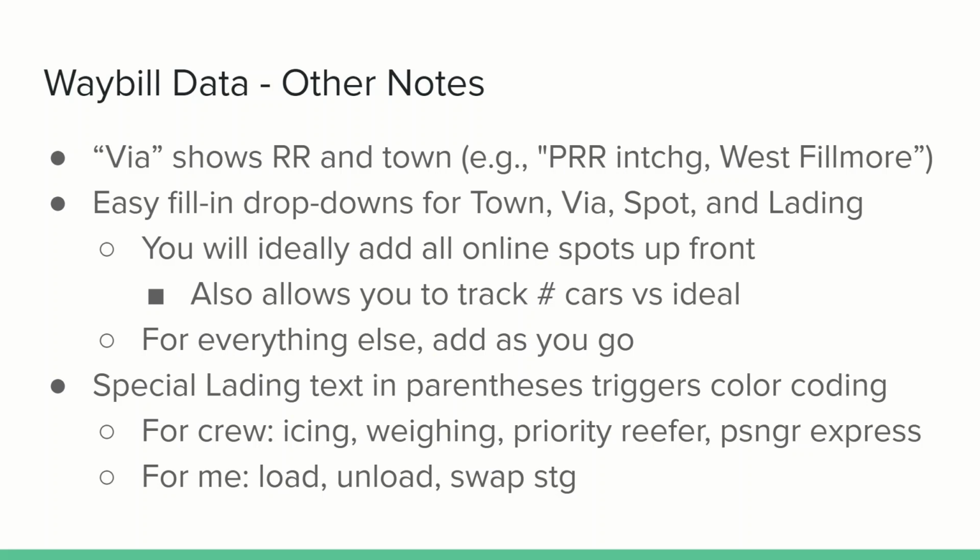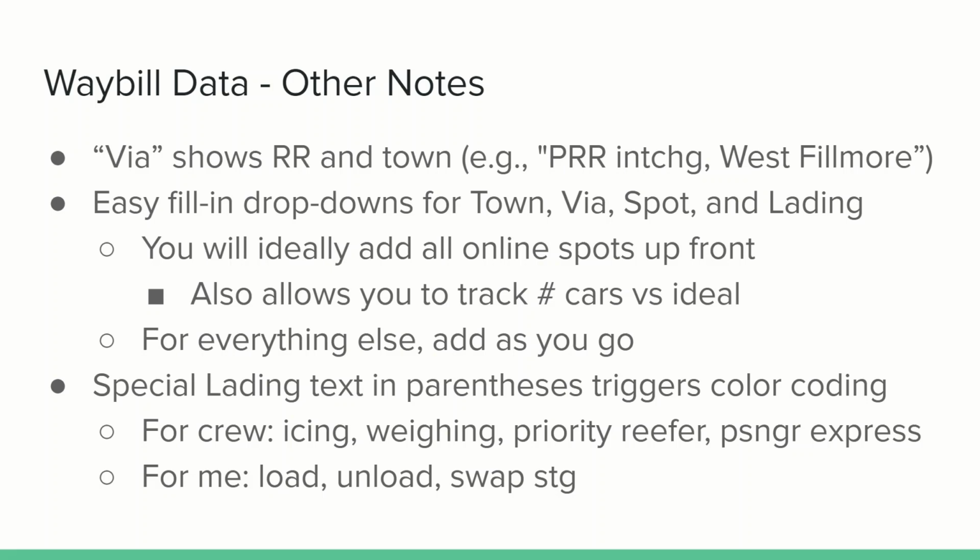And then the other thing, I use these drop downs for town, the via indication, the spot, and the lading. So ideally, with my tooling, you'd first fill in all of your online spots right up front. So you'd list those. There's a place within the spreadsheet where you list all of your online industries.